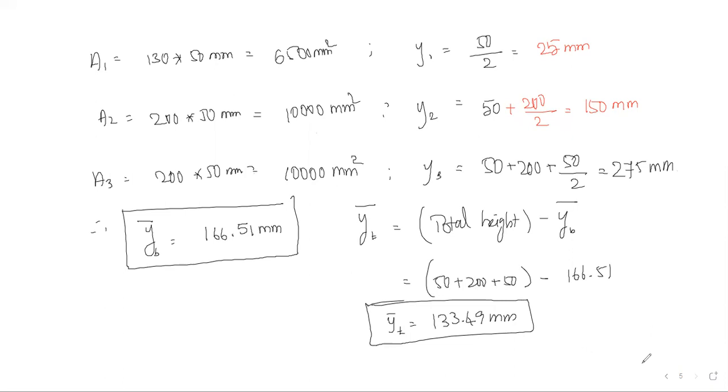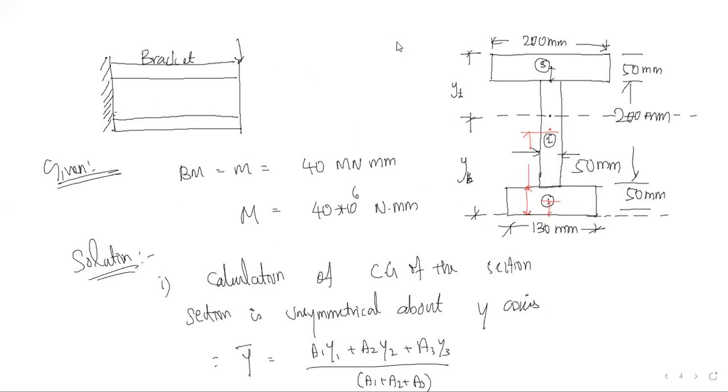So this is with respect to our neutral axis. So this is from bottom. Now I will mention here: 166.51 mm, and this is 133.49 mm. Okay. So here we have calculated the neutral axis depth.